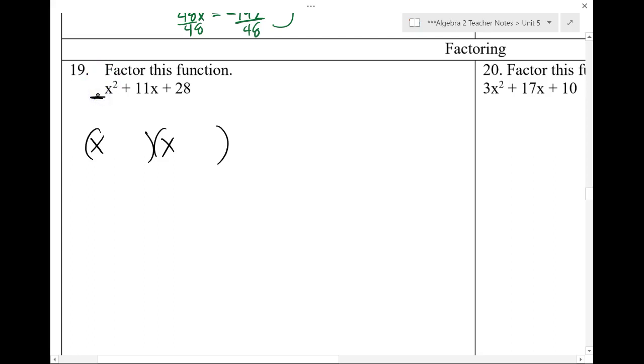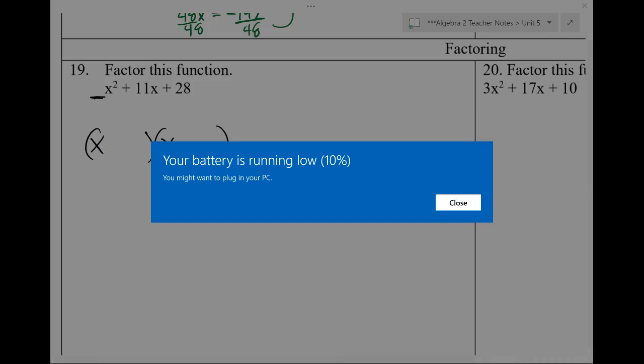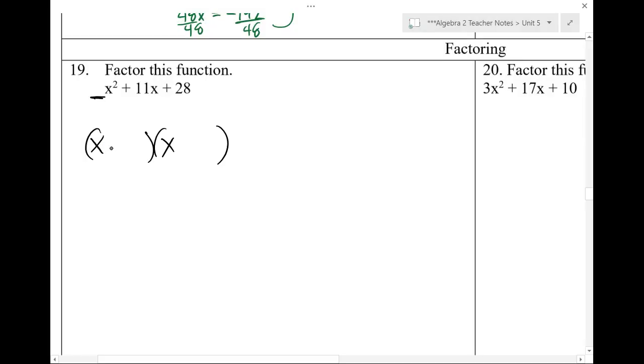If it's bigger than 1, you can't do it this way. So you can just write your binomials, put x in the front, x on the other one, and you have to say to yourself, what two numbers do I add to get 11, but multiply to 28? Well, that'd be 7 and 4, and they're both going to be positive because 11 and 28 are both positive. Or you can do it with the magic x.